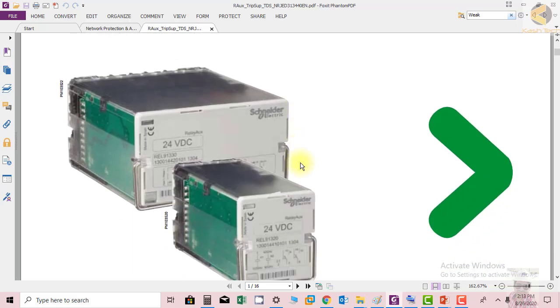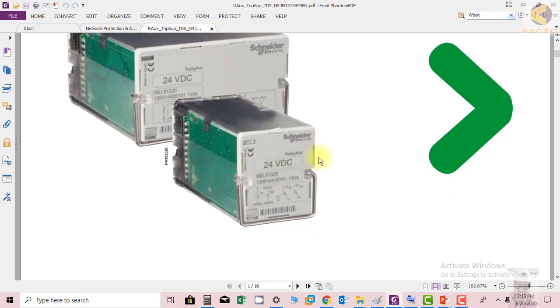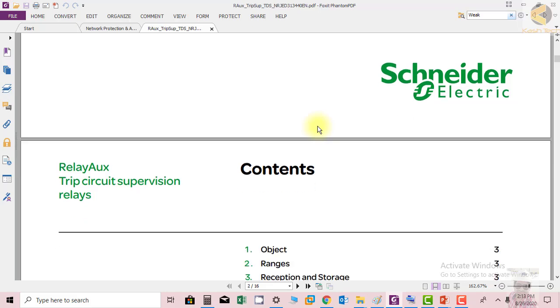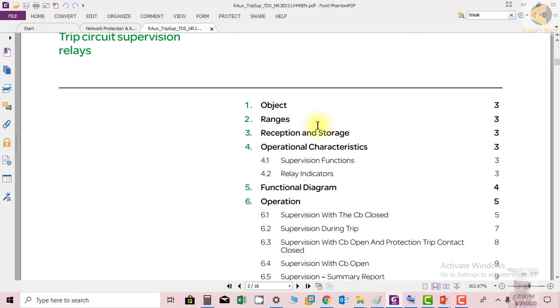So you can see the type of the relay for the Schneider is RL 91330 and 91320. So there are two different types of relays. So we are going through the contents.